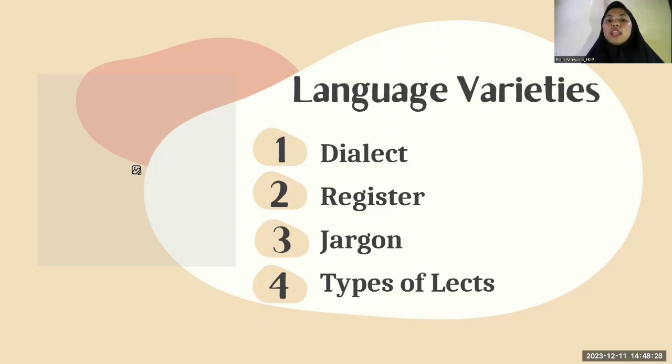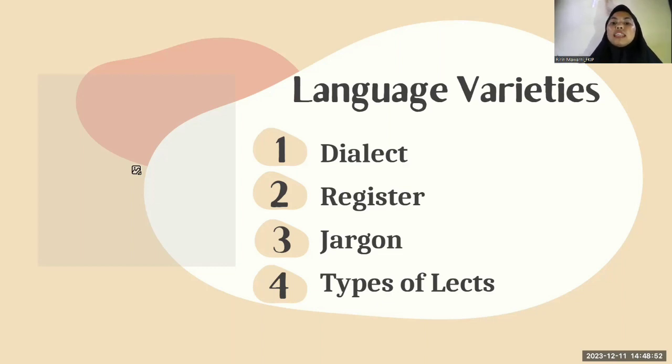So I'll explain. The first is dialect. Dialect is a particular form of language spoken by a specific group of people, typically characterized by distinct vocabulary, grammar, pronunciation, and expression that differ from the standard or dominant form of that language.